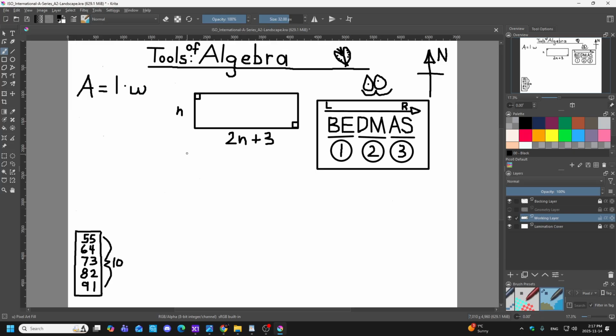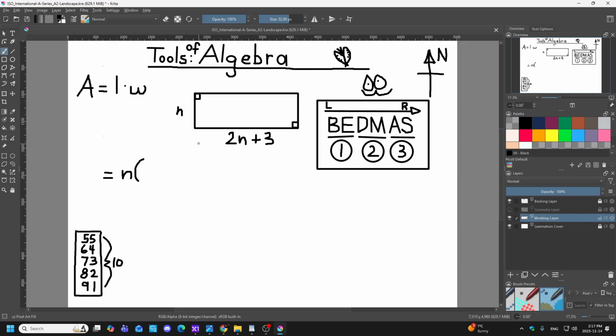So with that said, technically I could substitute this and this into the formula. So looking at it, I'm going to swap these to width times length, okay? So I'm going to substitute the width first, which is n.